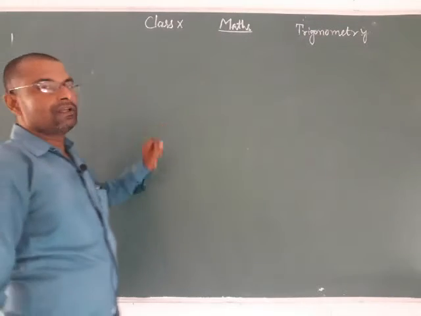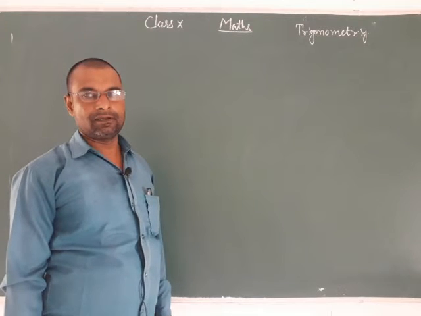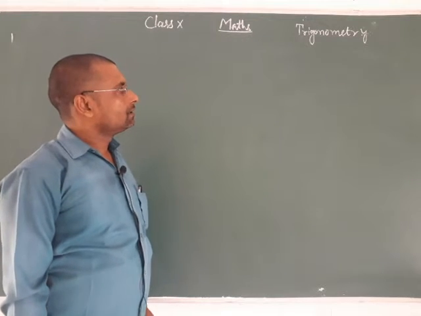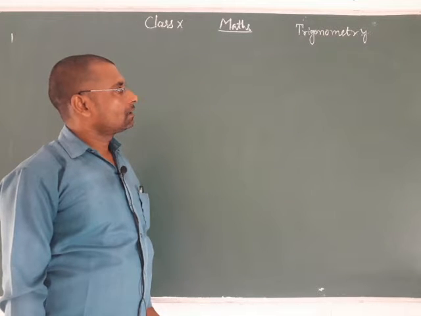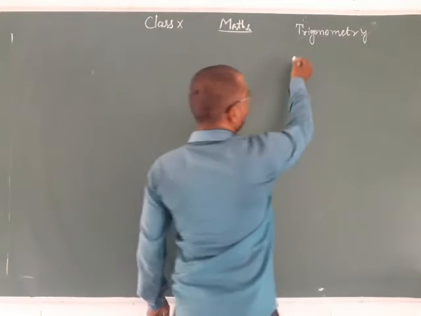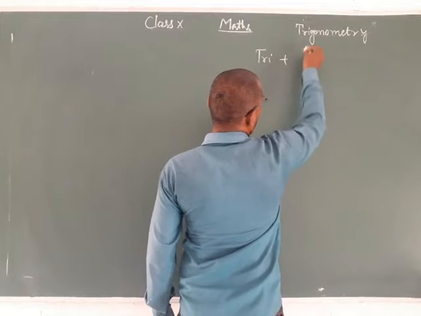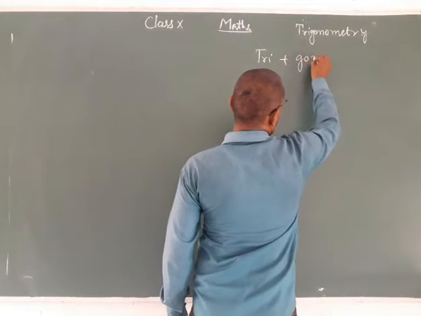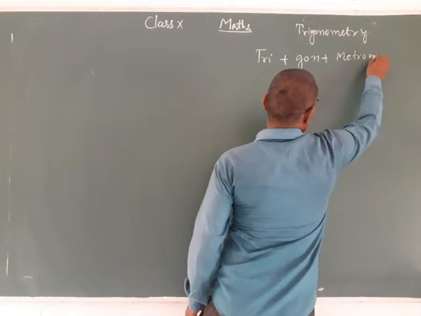Welcome back. Today I will discuss trigonometry. Described in Greek, the word trigonometry is tri plus gon plus metron.